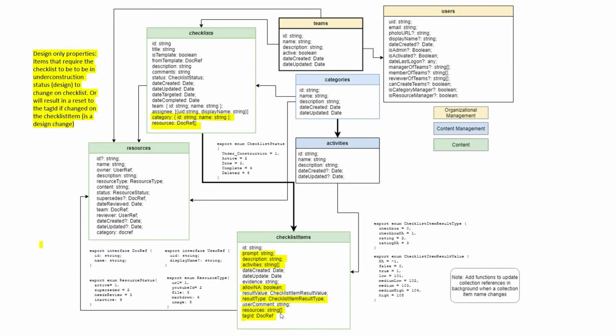So the tag ID will be reset to that particular checklist item's ID. So you'll not be able to do a metric that gets all the items for that tag ID if you've modified the design for that particular checklist item. That'll probably make more sense once I get into the actual development. I'm sure I'm going to be hitting that again.